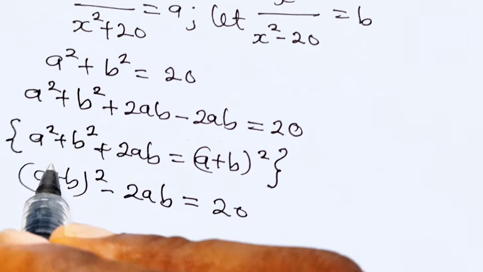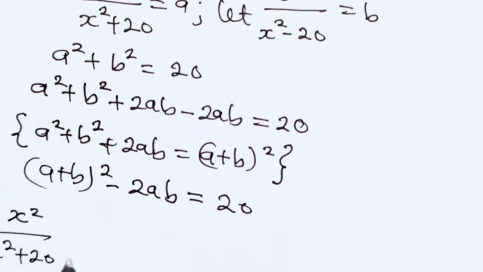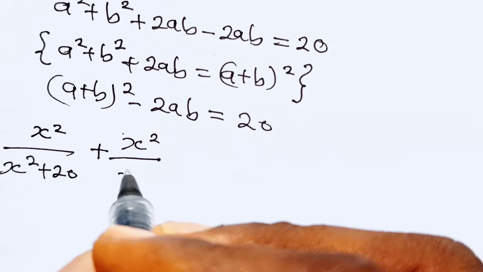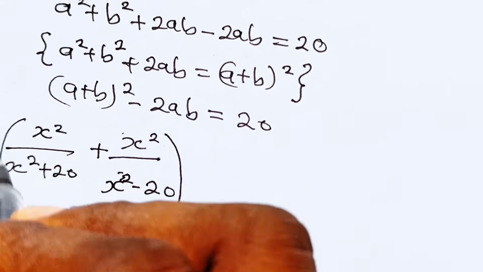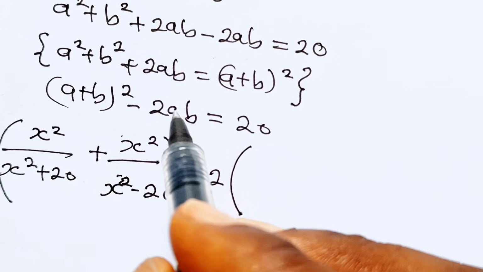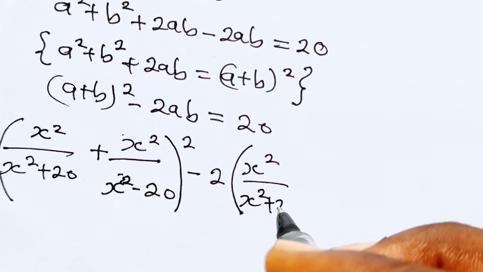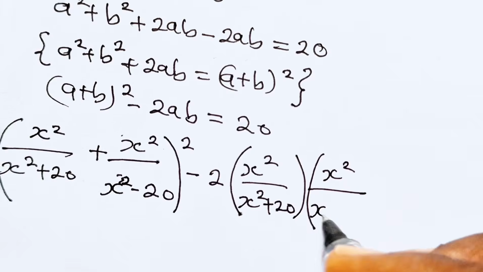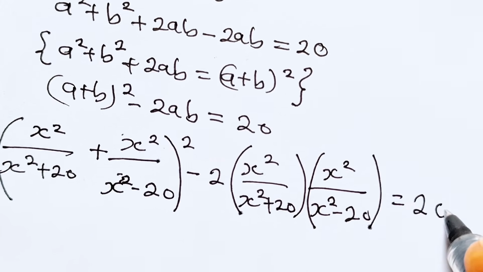So we're going to have a is x squared divided by x squared plus 20, plus b is x squared divided by x squared minus 20, everything squared, take away 2 brackets. Now our a is x squared divided by x squared plus 20, multiplied by x squared divided by x squared minus 20, is equal to 20.